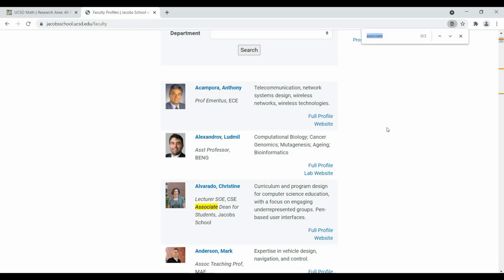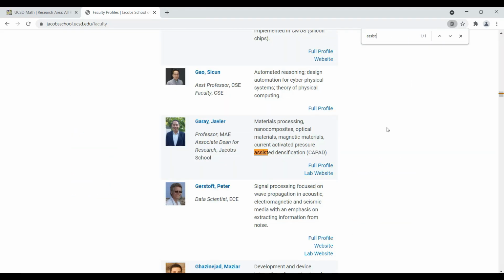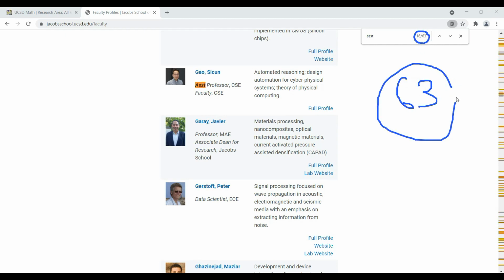So we will search assistant, or actually it is not written as assistant, it is the abbreviation ASST. Actually it means the same. We will search ASST, but there is a problem: we have almost 63 results. Here are 63 results, and in the other tab we have 15 results.